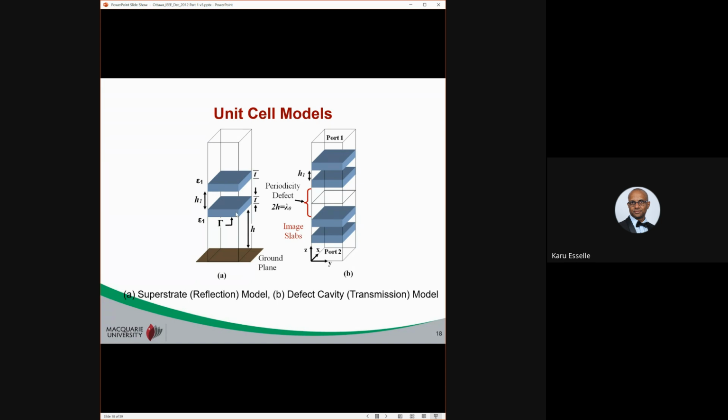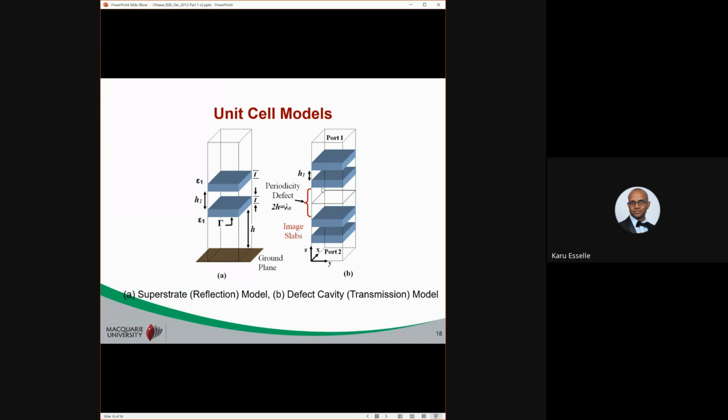Now, the second model. In the second model, we remove the ground plane and make an image of this superstructure. So we have the superstructure here, and then this height h, and then another image cavity, and then the image superstructure. This is the superstructure, this is the image of the superstructure, and this is double the height of the cavity.